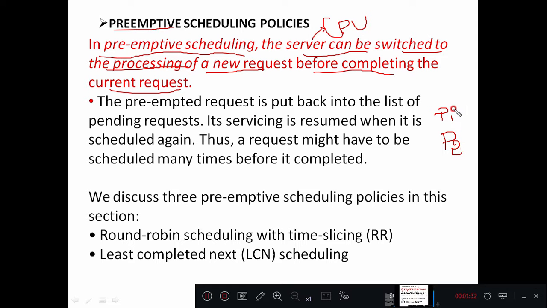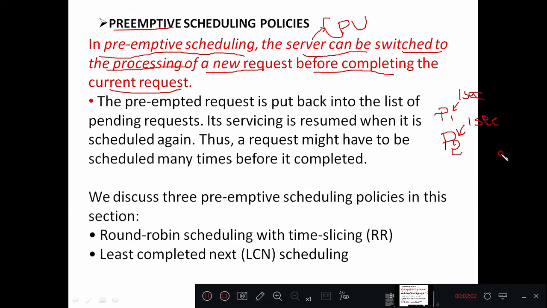Once the CPU is allocated to P1, it will be allocated to P1 only for a certain amount of time, let us say 1 second. So after 1 second, the preemption of the CPU is done from the process P1, and the same CPU will be given to P2, and again it will attach one more second. That means each process is going to use that CPU for 1 second.